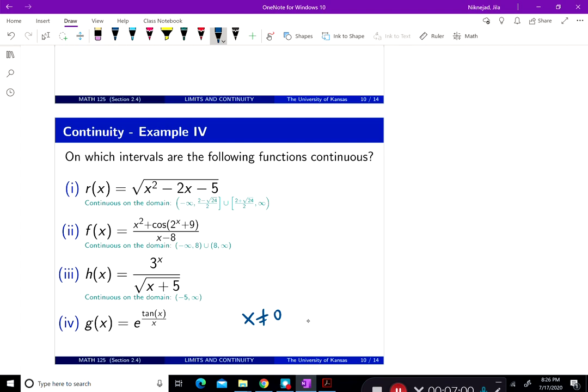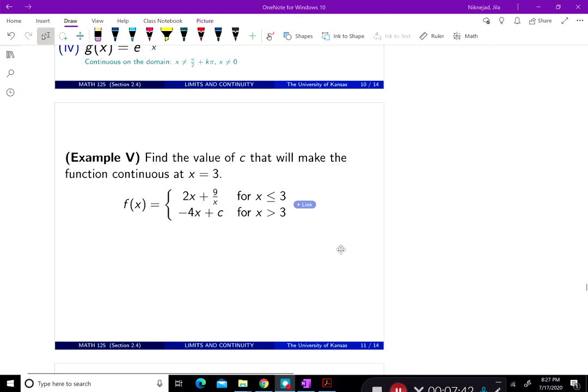And so basically the function is not continuous at x equal to 0, and at all x's that are equal to pi half, where cosine of x is 0, plus k pi. If you exclude all those, function g is going to be continuous on this domain, which will be infinitely many intervals.